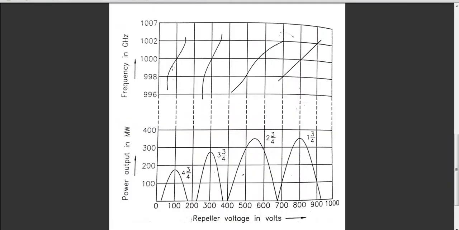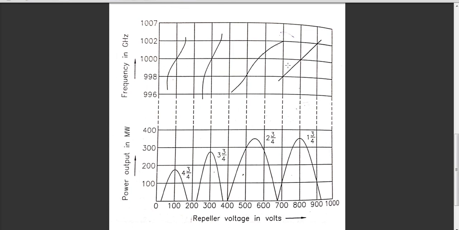Now in this particular graph we are seeing the power output and the frequency characteristics. In this graph, the mode curves and the frequency characteristics can be seen.